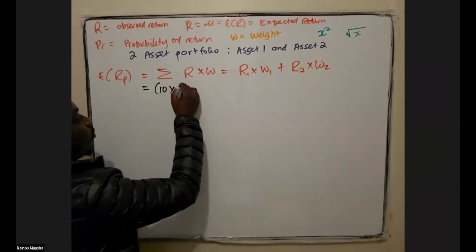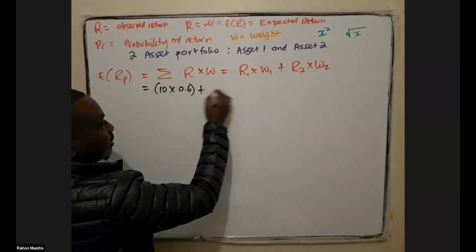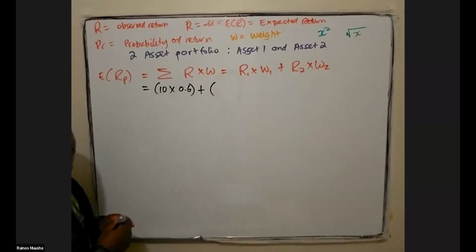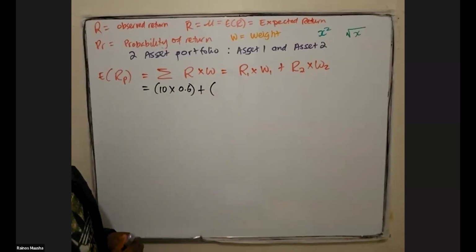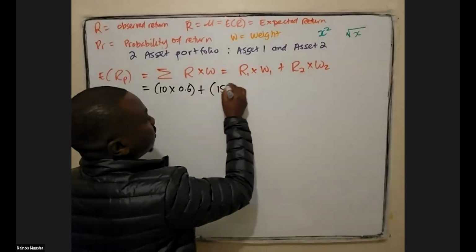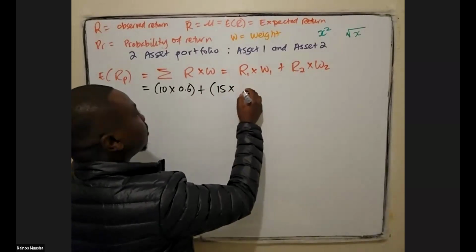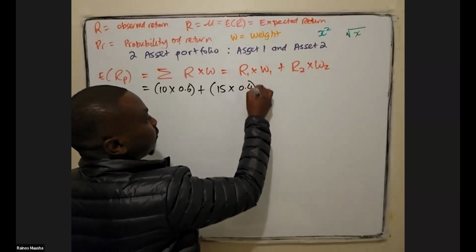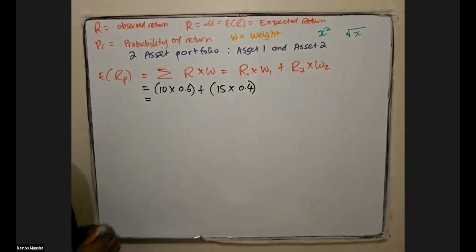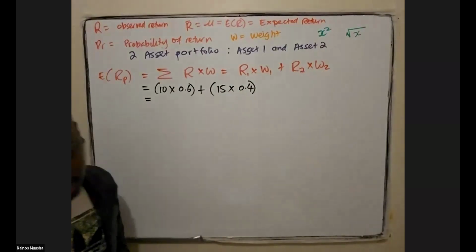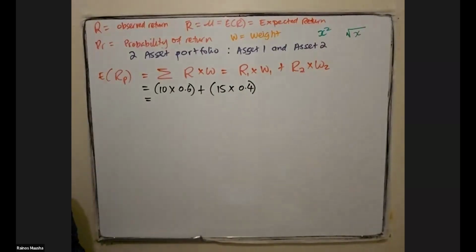So it's going to be multiplied by 0.6 plus the return for the second asset, which was given as 15%. So it's going to be 15 multiplied by the weight, which is equal to 0.4. So given this information, how much would you get as the expected return of this portfolio?